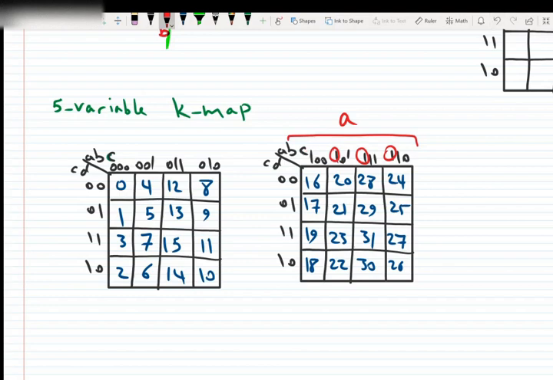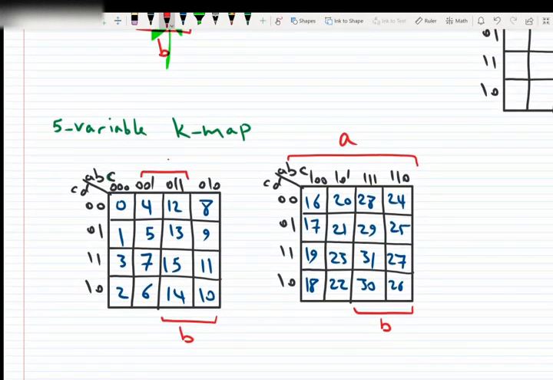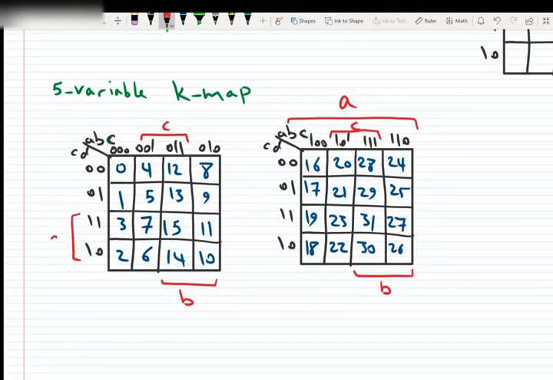Then we look at B: for both tables, the last two columns have the value of B. For C, the middle columns. For D, the last two rows are 1 for both tables, and for E, the middle rows have the value of 1.